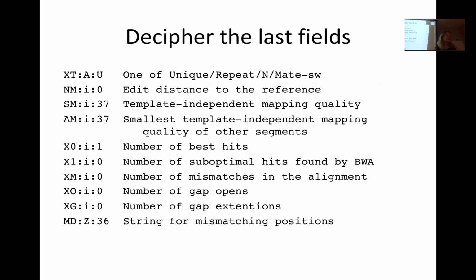I think I have some examples here. Edit distance to the reference, template independent mapping quality, number of best hits. The number of best hits is nice to know because that's how you figure out if you have multiple best hits for a sequence in your file. If you want to store suboptimal hits, normally you don't, but if you did, that would be reported that this was a suboptimal hit. Number of mismatches, number of gap openings and extensions, and just all sorts of random information that might get put in this last field.